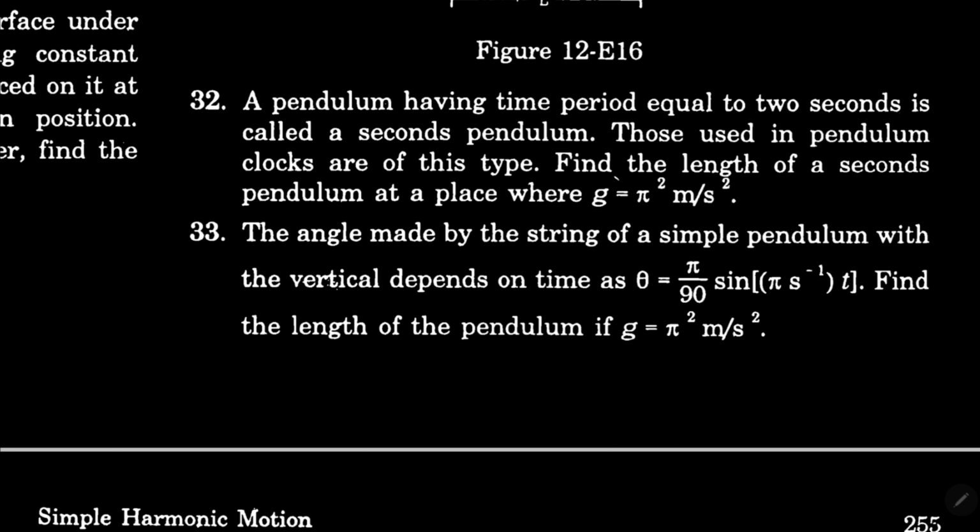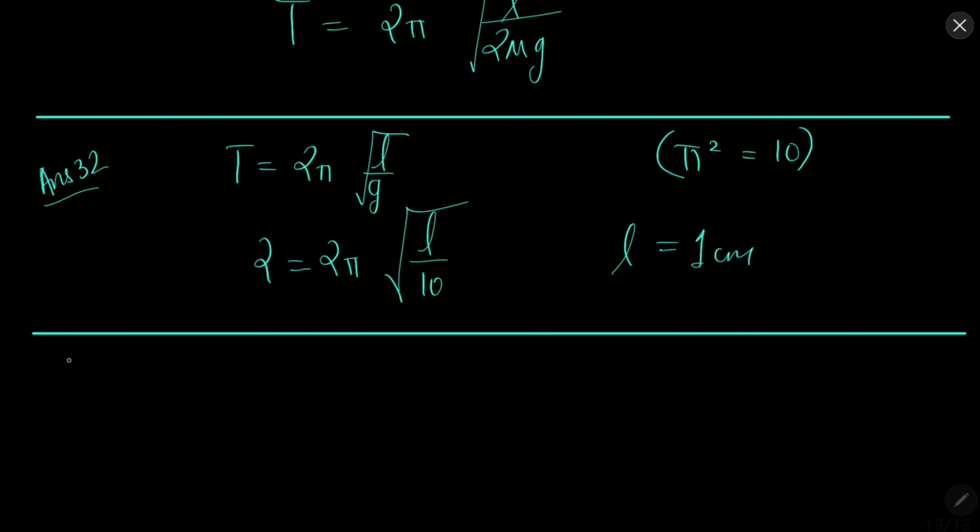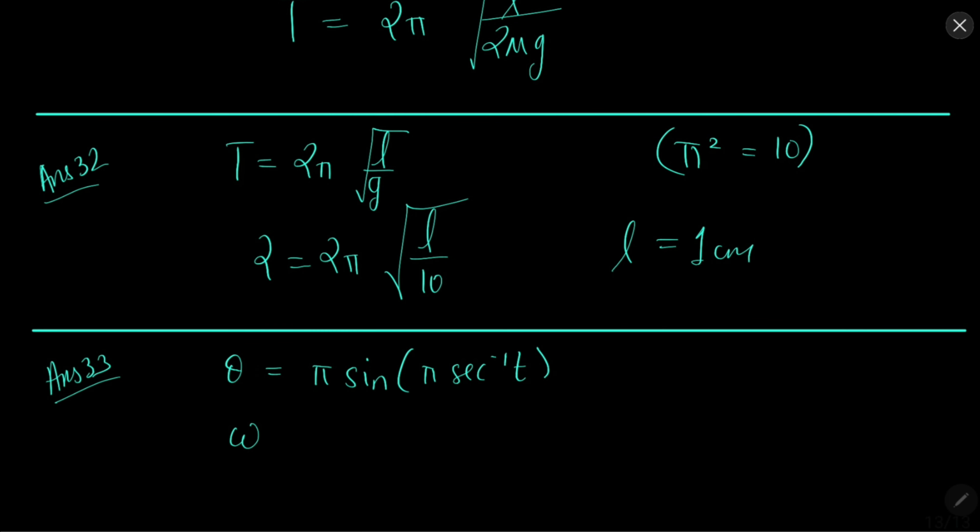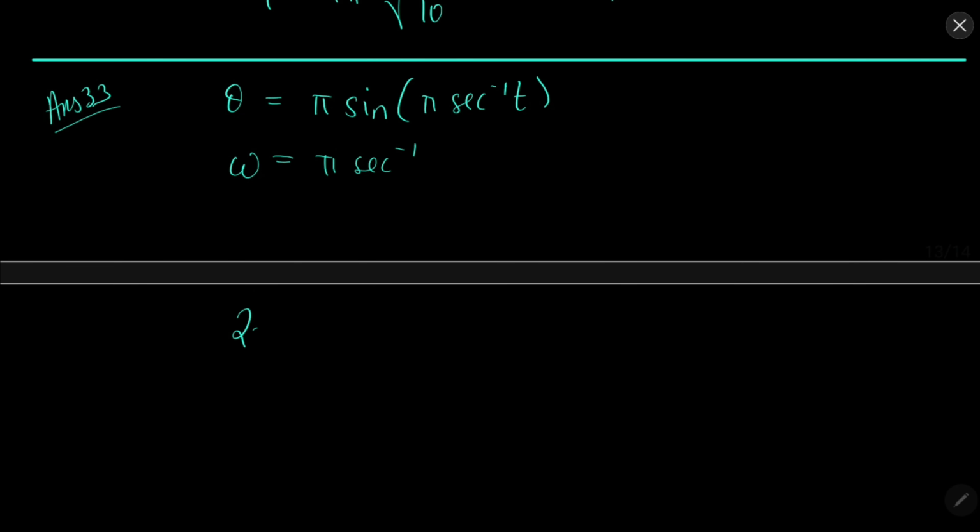In question 33, the angle made by the string is given. We need to find the length of the pendulum. Solution 33. Angle is pi sin(pi sec inverse t). Omega is pi sec inverse. 2 pi by T equal to pi per second.